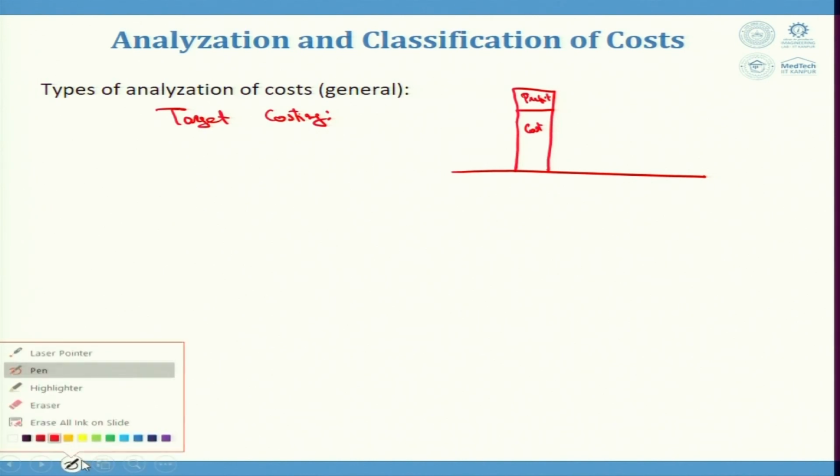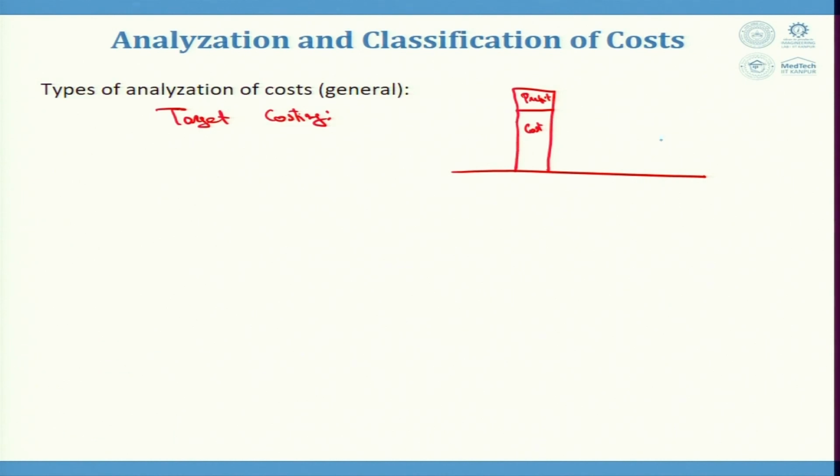But what market is asking you to do is to have a target cost which is lesser, target cost, and you have desired profit. So, this is your current, this is your target. This is known as target costing.